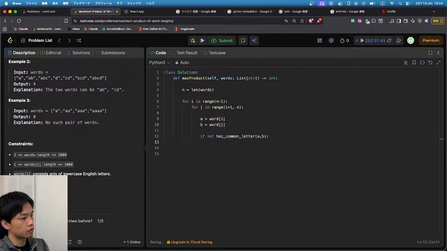If not, they have common letters. If not, we can calculate the answer. And return answer.